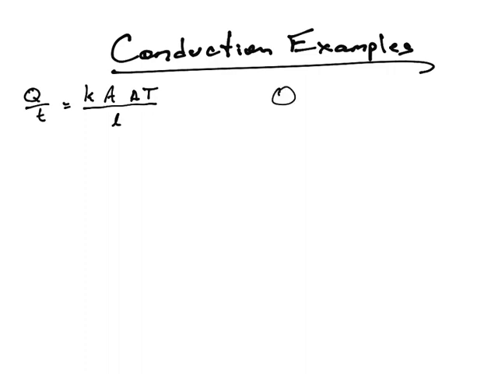For that, you would just take the exact same equation, K, A, delta T over L, and you just bring the little t for time to the other side. And so if you want to know how much energy is transferred in 5 hours, little t would be 5 hours. Of course, you would convert that to seconds, so multiply by 3,600 seconds, and then you'd find out how much energy is transferred in those 5 hours rather than per second.